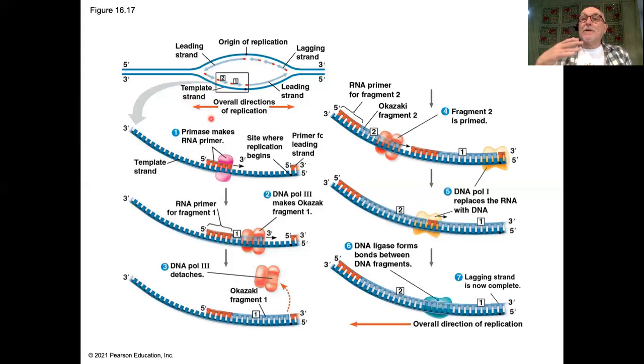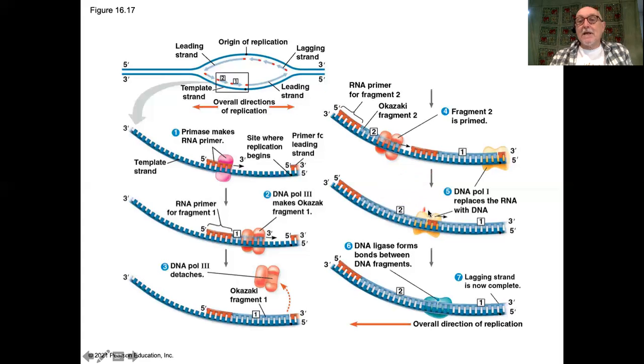We continuously have to put down new RNA primers that then serve as a basis for DNA polymerase III to make the new strands. So in the end, we'll end up with a whole lot of these hybrids, RNA, DNA, RNA, DNA. And somehow or other, this all has to be stitched together.